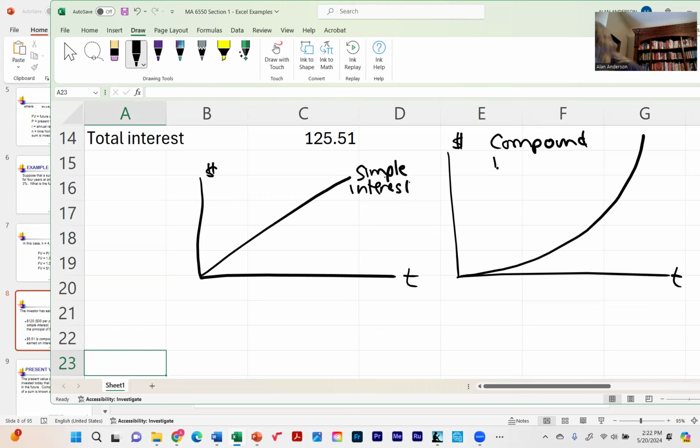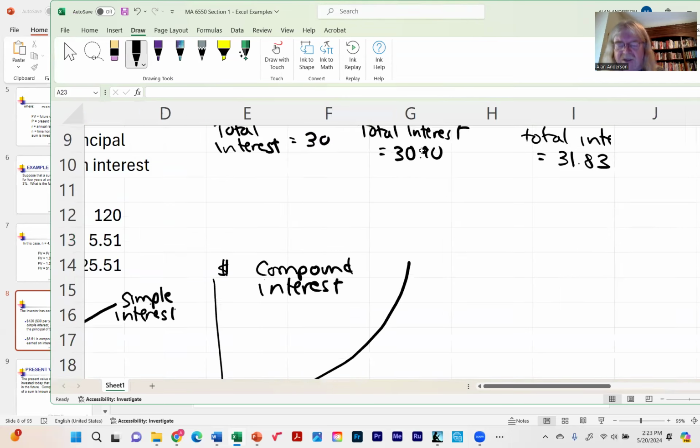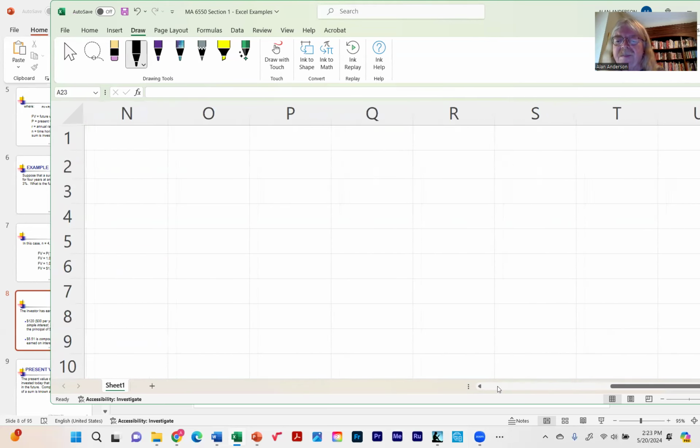In fact, this is the secret to early retirement: starting your savings young. In other words, the difference between saving for 30 versus 40 years can mean almost doubling the interest that you've earned. It's really amazing how it piles up over time.